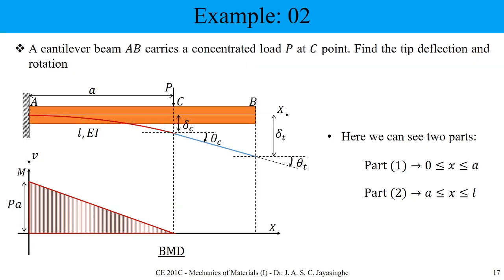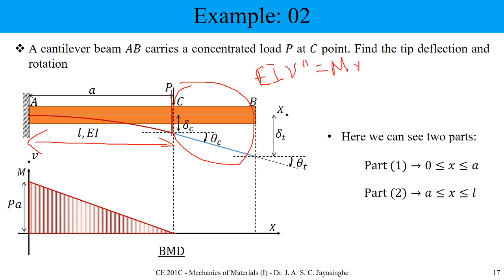So when you come to here, we don't need to use two sets of equations. One set of equation for the bending moment, we can predict this component, and for the other component we don't need to use the relation EI v double prime equals M. From geometry we can predict it.